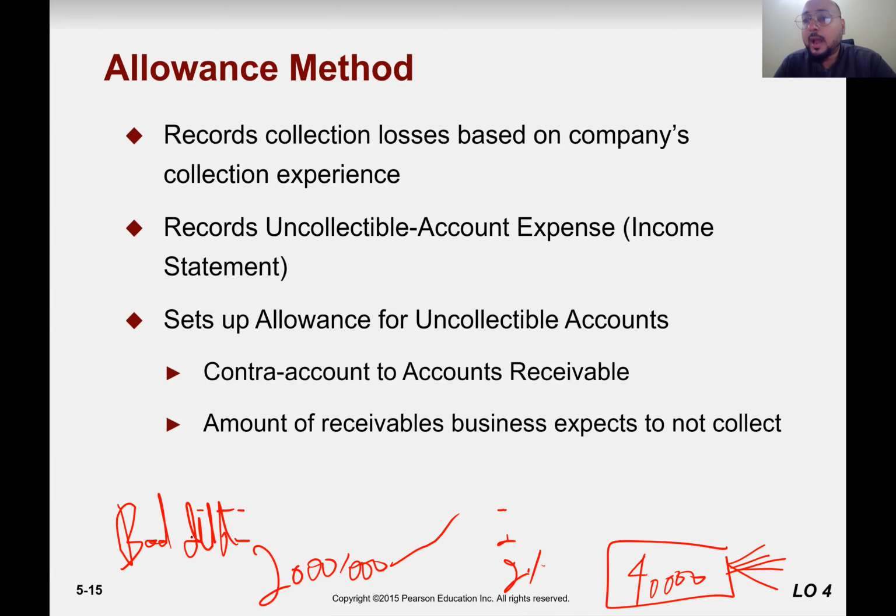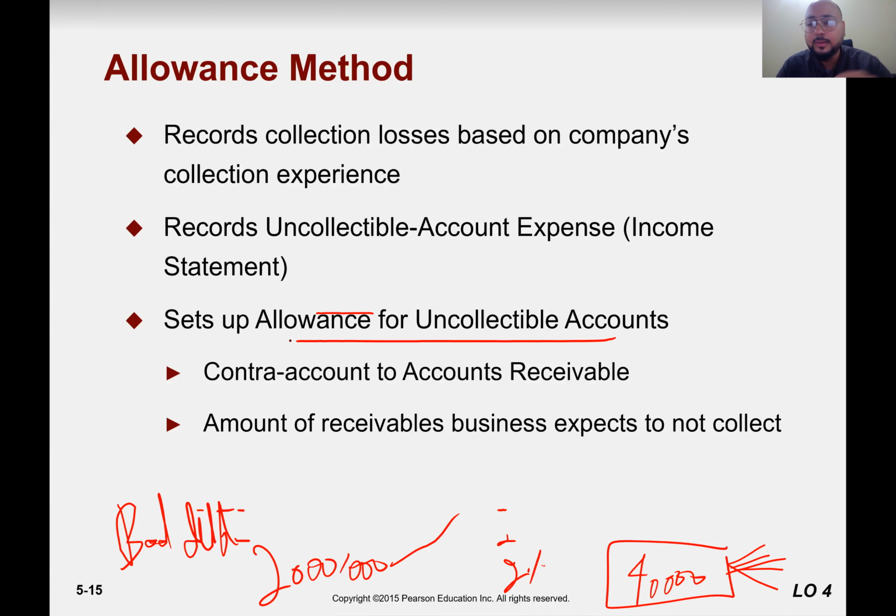In your book, it is called allowance for uncollectible. Allowance for uncollectible. So don't worry about the different kinds of names. The logic is the same. Allowance for uncollectible accounts, or allowance for bad debts, or reserve for uncollectible accounts, or reserve for bad debts.